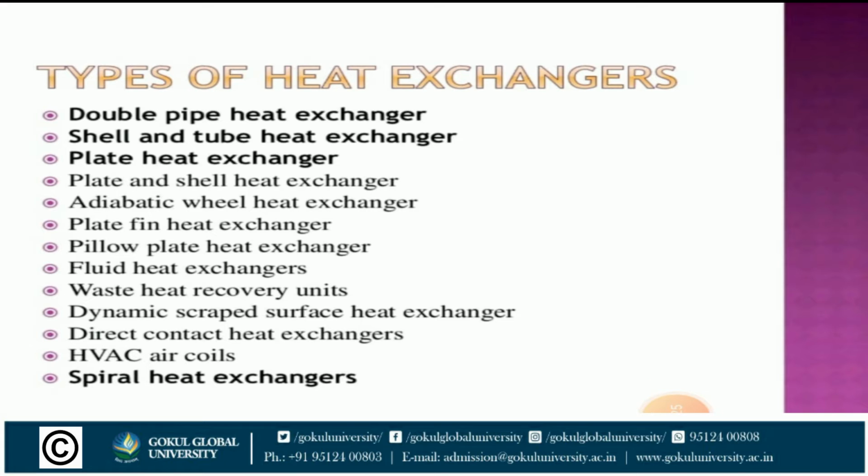Friends, a shell and tube heat exchanger consists of a series of tubes which contain fluid that must be either heated or cooled. A second fluid runs over the tubes that are being heated or cooled so that it can either provide the heat or absorb the heat required.